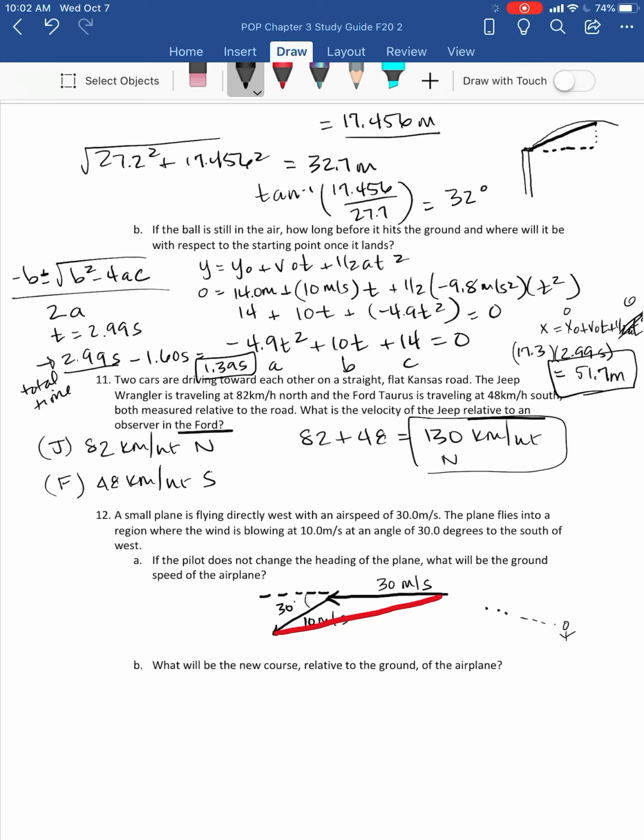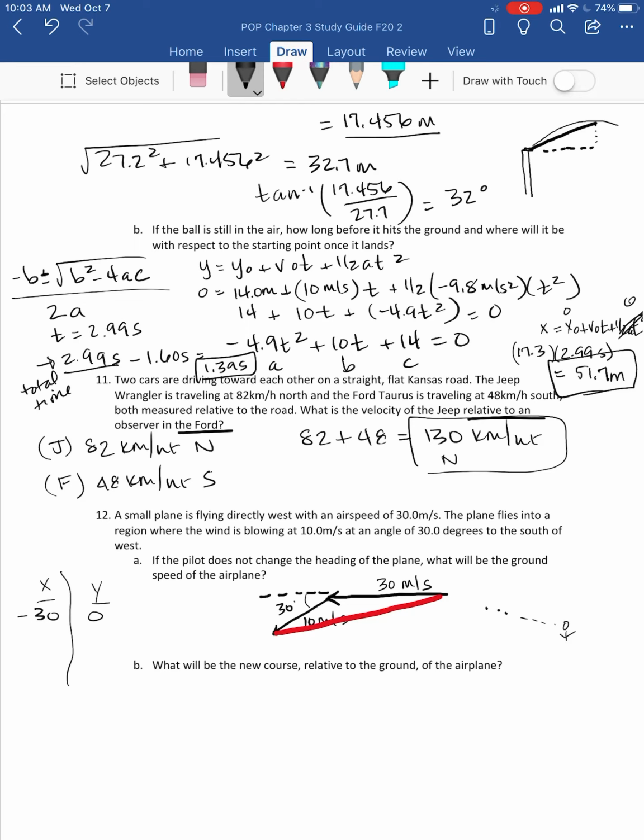Okay? So what does that mean? You're going to have to do your x and your y components again. So you've got x and y. For this first leg, the one that was going straight west, does it have x component? Yep, it has all x component, right? Does it have y component? Nope, because it's going due west.